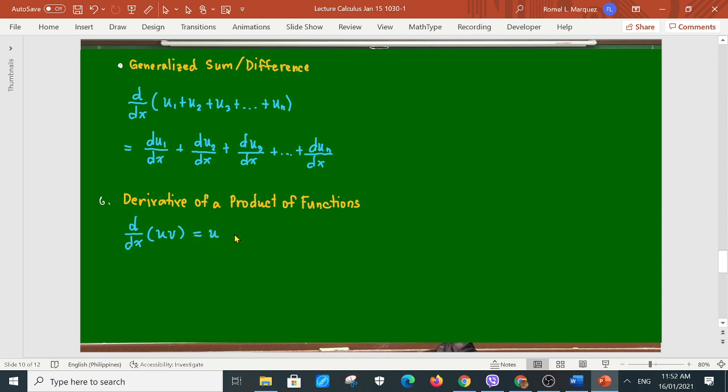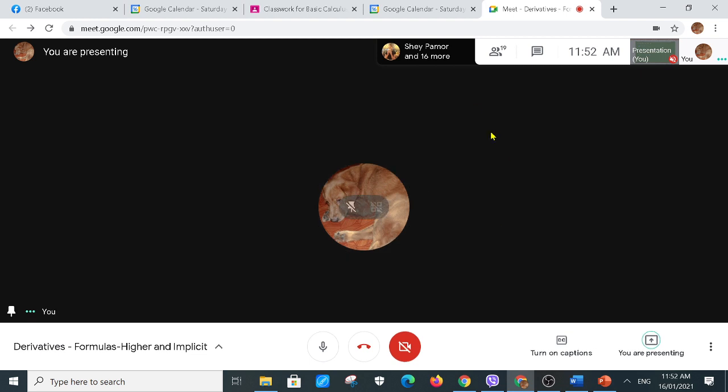The first times the derivative with respect to x of the second, plus the second times the derivative with respect to x of the first. So that's how we differentiate a product.